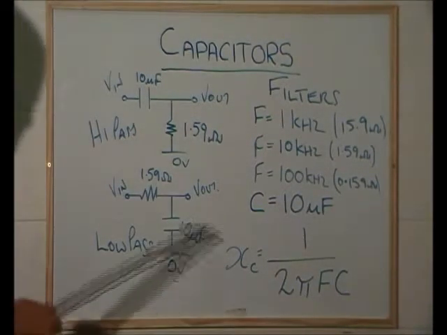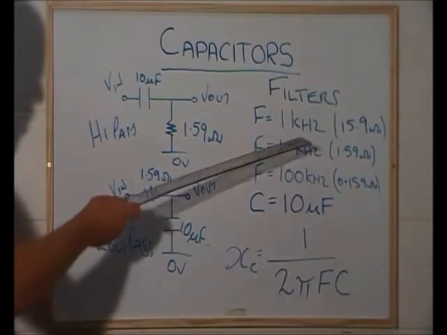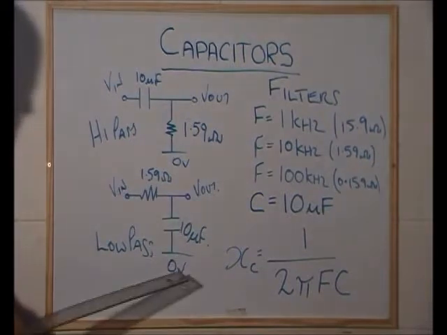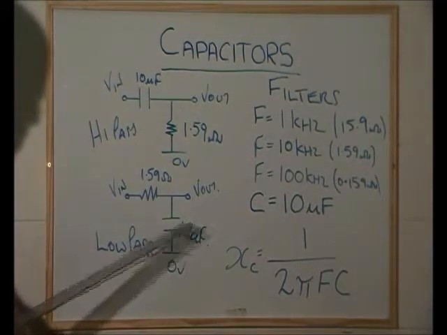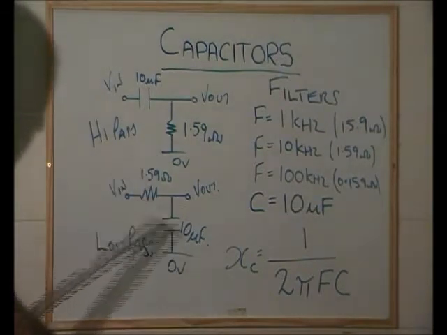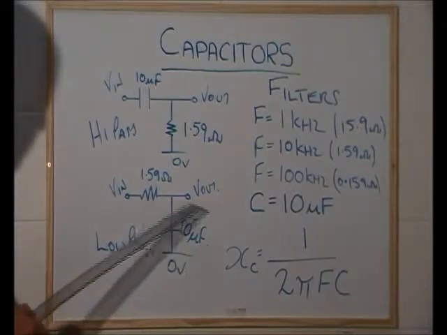Now, looking at this circuit, same calculations. At 1 kilohertz, this resistor becomes a 15.9 ohm resistor. This one is 1.59, so we're going to get the majority of voltage dropped across this.